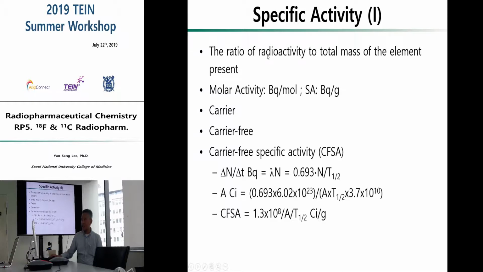If the specific activity involves only C11 raclopride without C12 raclopride, then we call that carrier-free. But unfortunately C12 is always there because of the high amount of C12 CO2 in our atmosphere, so we call the C12 raclopride a carrier.